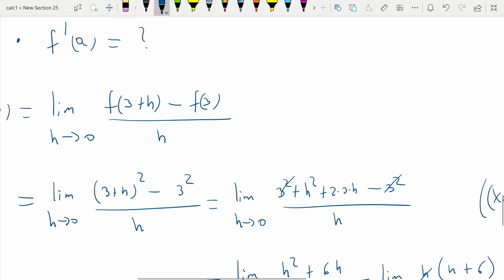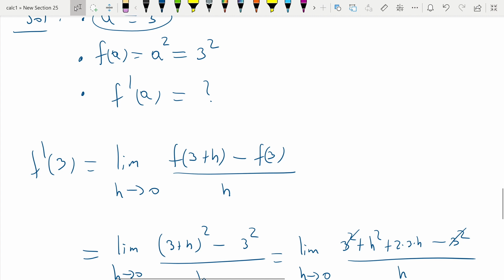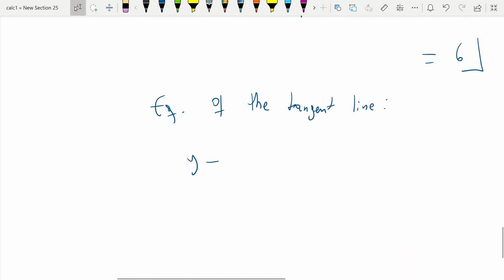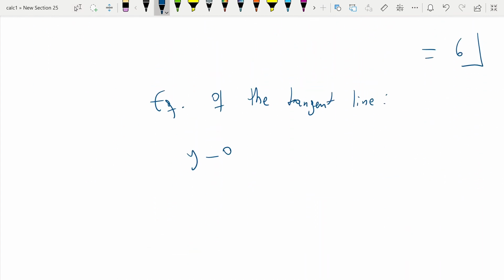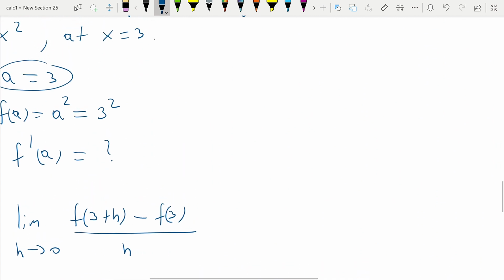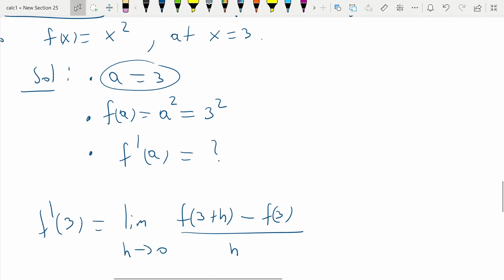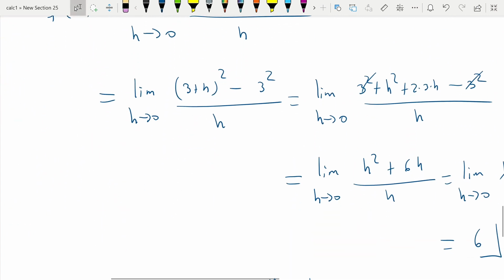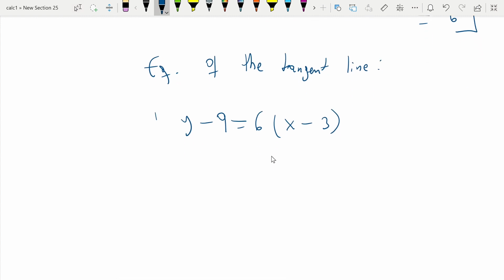We computed that f of a was 3 squared, so 9. So y minus 9 equals f prime at 3, which is 6, times x minus 3, because the point is a equals 3. And that is our equation for the tangent line.